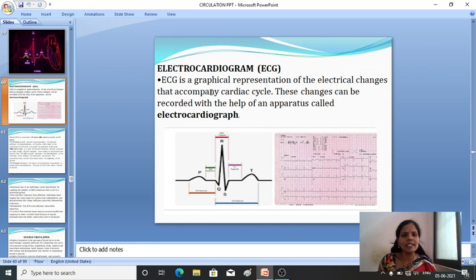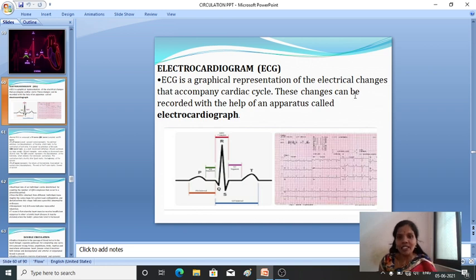ECG is a graphical representation of the electrical changes that accompany the cardiac cycle. You already know what a cardiac cycle is; last class we discussed it in detail. So what is ECG? ECG is a graphical representation of electrical changes that accompany the cardiac cycle.